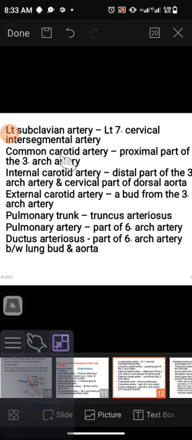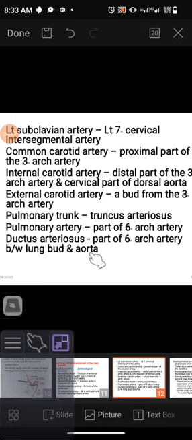The common carotid is going to be from the proximal part, that is the beginning part, of the third arch artery. The internal carotid is going to be from the distal part, and the cervical part of the dorsal aorta.